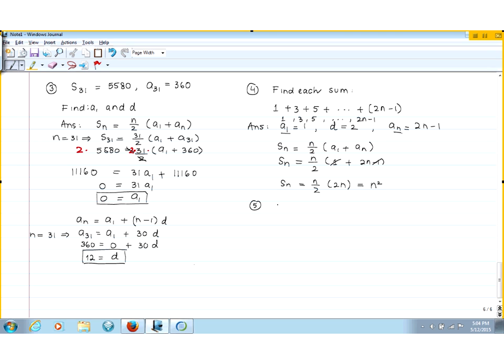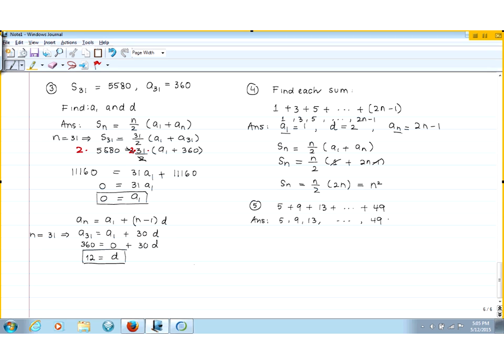Okay. Now, we also could find these. What about if I have 5 plus 9 plus 13 plus dot dot dot plus 49? Alright. So what do we do in this case? Well, let's write down the terms.